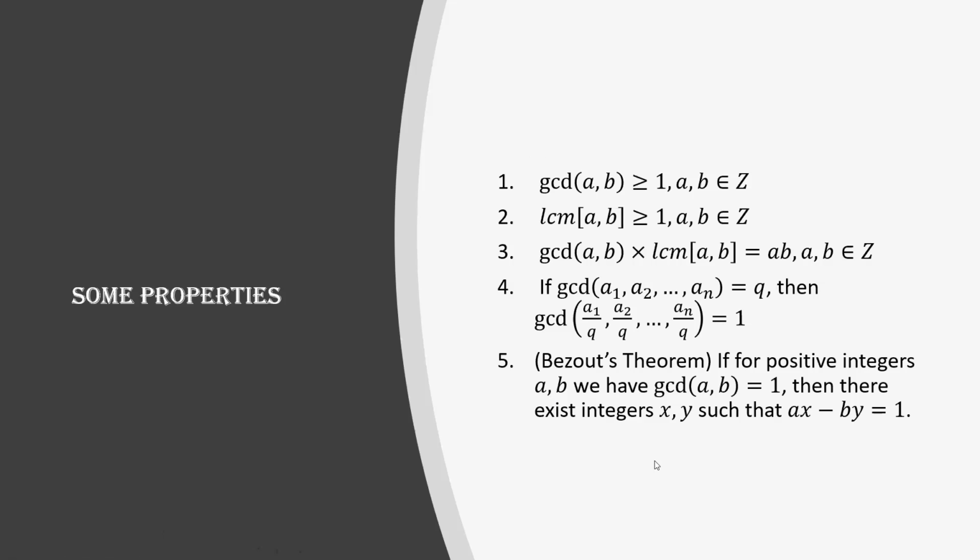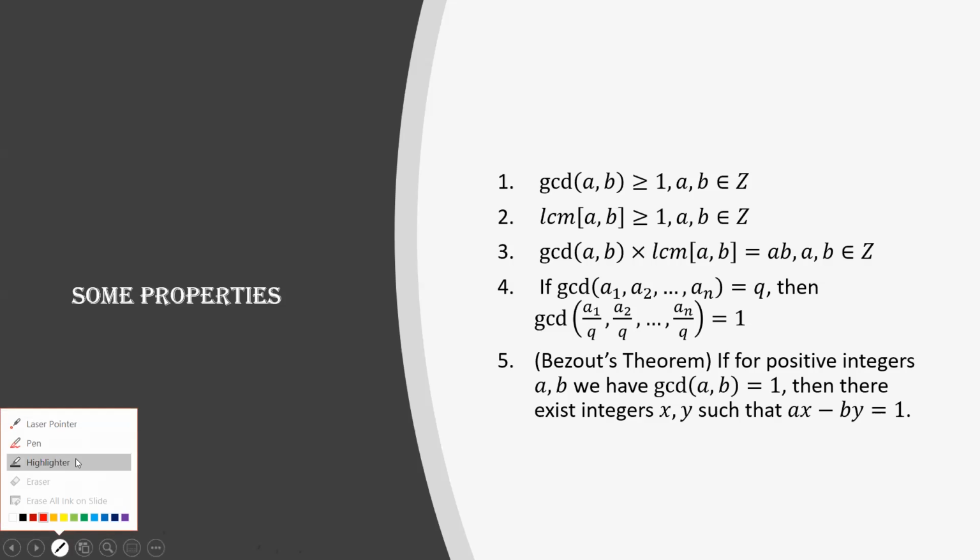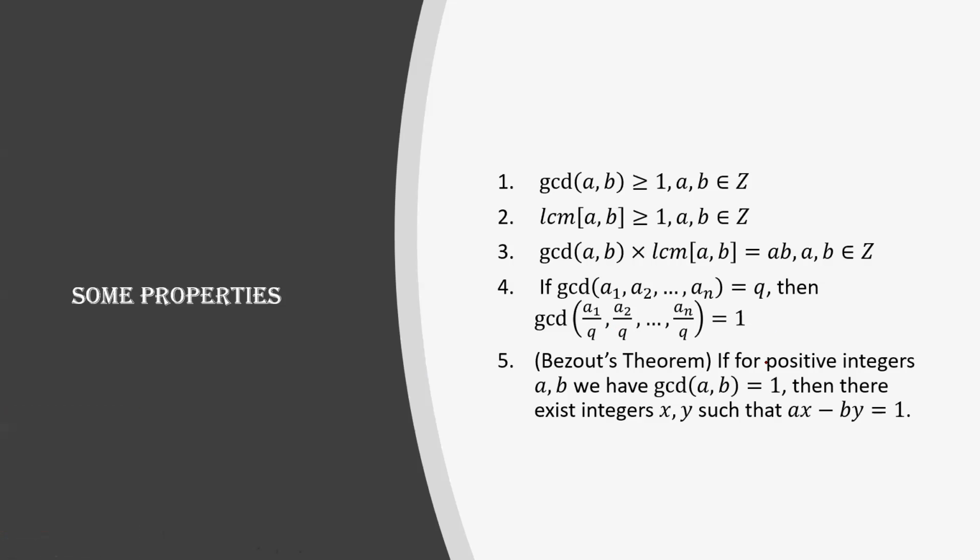Fifth, it states that if for positive integers a and b, we have GCD of a comma b equal to 1. Actually, no need for positive. Just take it as integers. If you are writing it in your notebook, you can just consider this as integers.